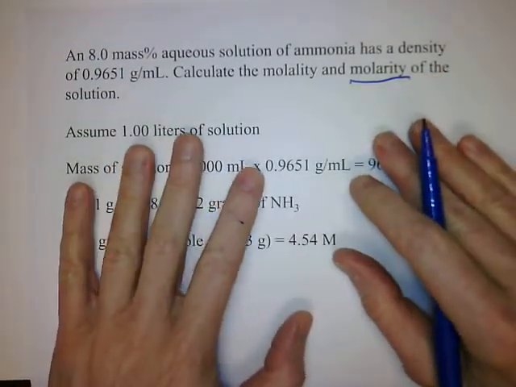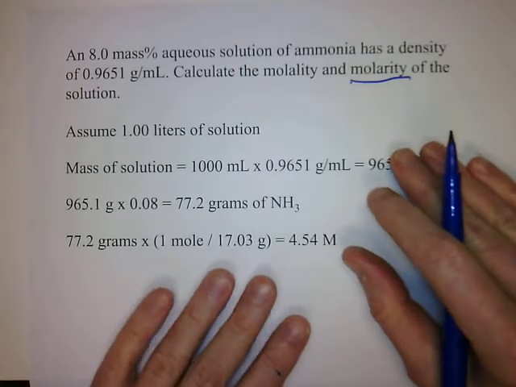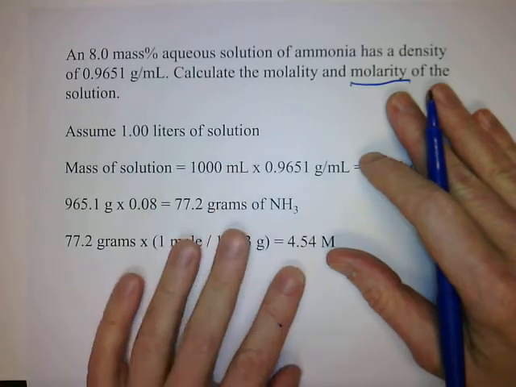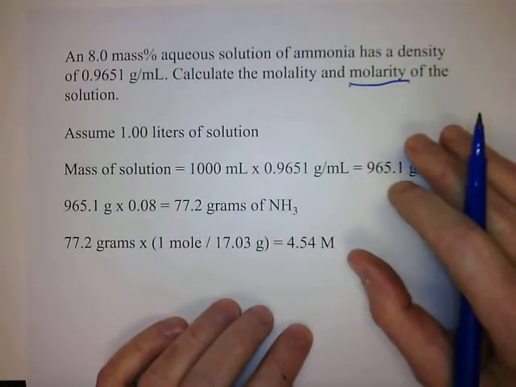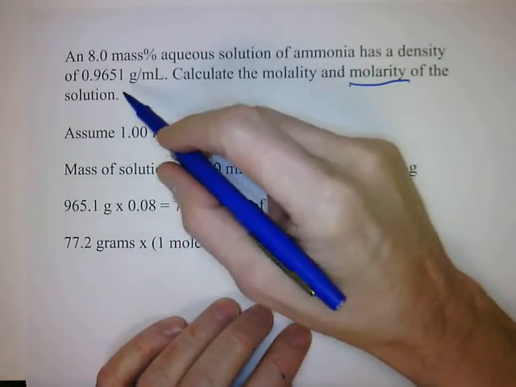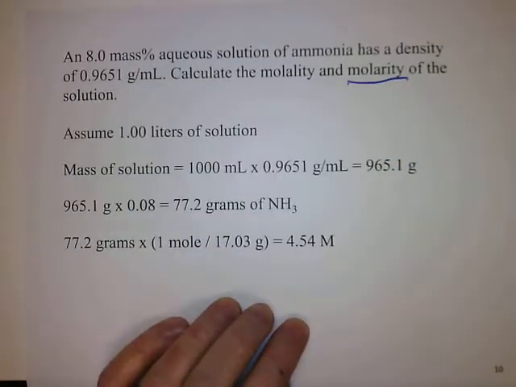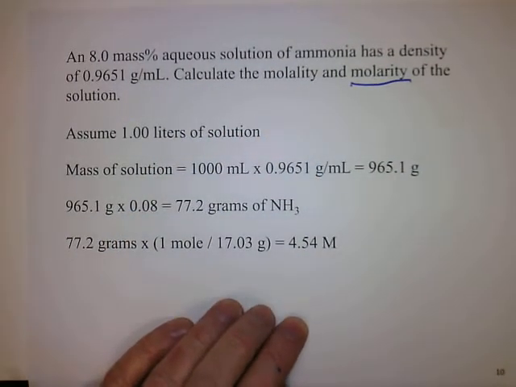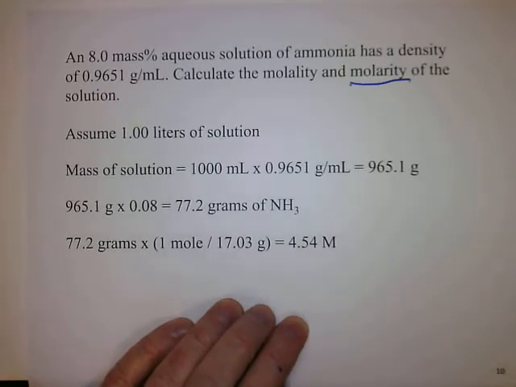Now, if you're trying to convert the molarity into another unit, you have to know the density. You have to know the density, because when you made the 1 molar solution, you didn't keep track of how much solvent was added.